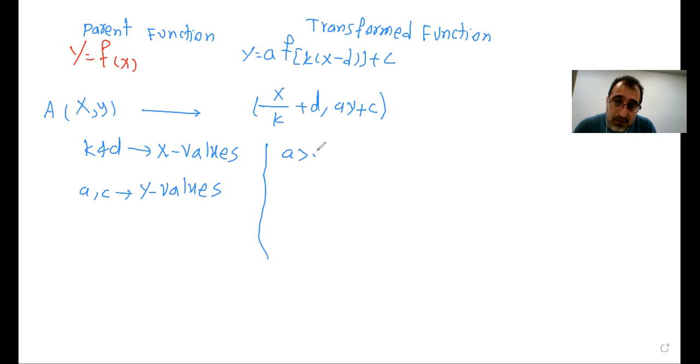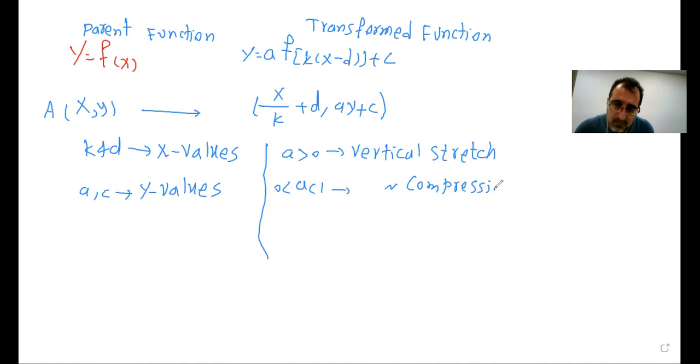For a greater than 1, we're going to have a vertical stretch. A between 0 and 1, vertical compression. For a less than 0, reflection about the x-axis.